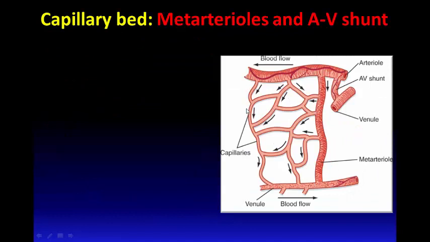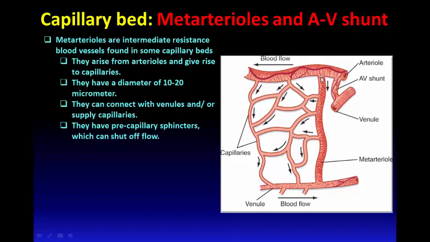The second component of a capillary bed are the meta-arterioles. This is a meta-arteriole. The meta-arterioles are intermediate resistance blood vessels which are present in some capillary beds. They arise from the arterioles and give rise to capillaries as shown in this figure.